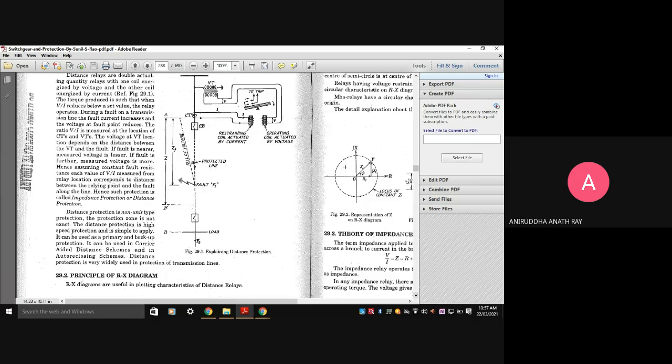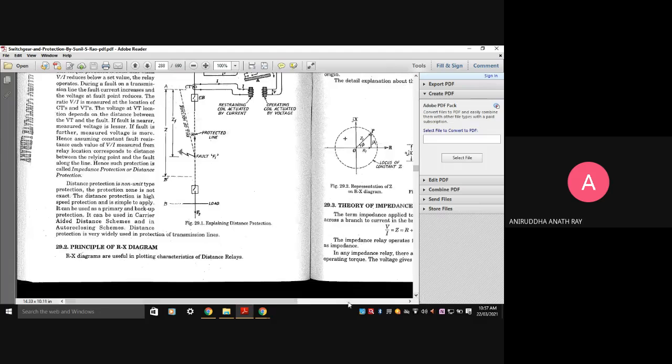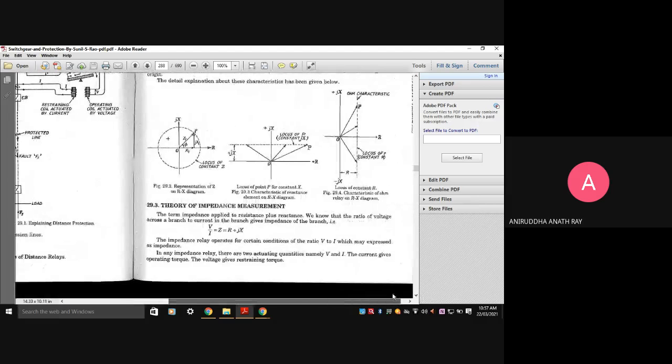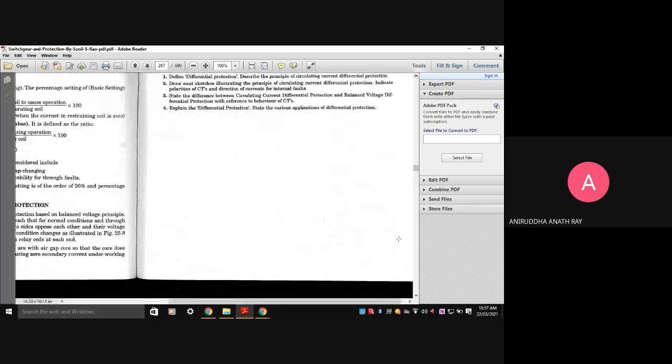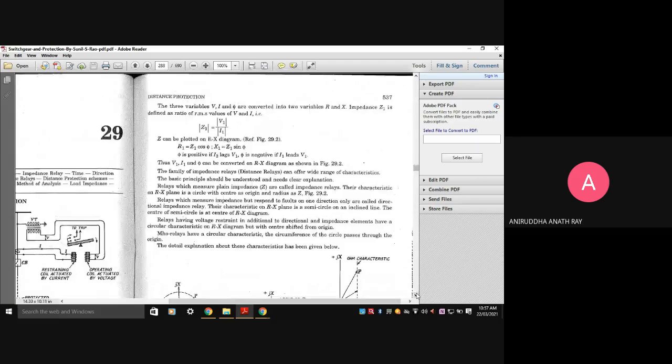Now, the principle of the RX diagram. RX diagrams are used in plotting the characteristics of distance relays. The three variables V, I and phi are converted into two variables R and X. As you know, the impedance Z1 is defined as the ratio of the RMS values of the voltage V and current I, so Z1 is equal to V1 upon I1.